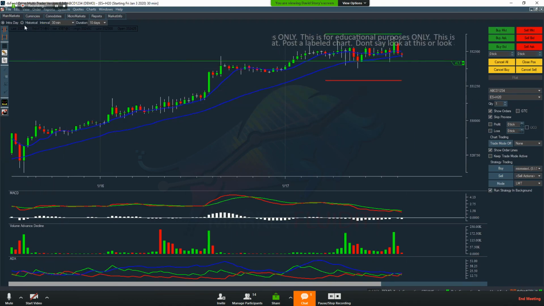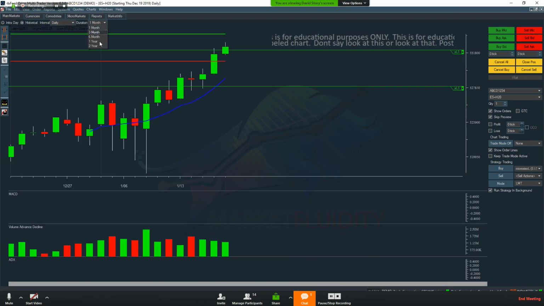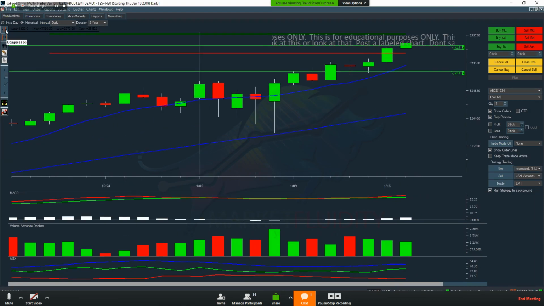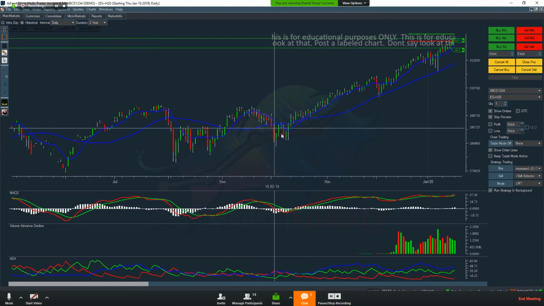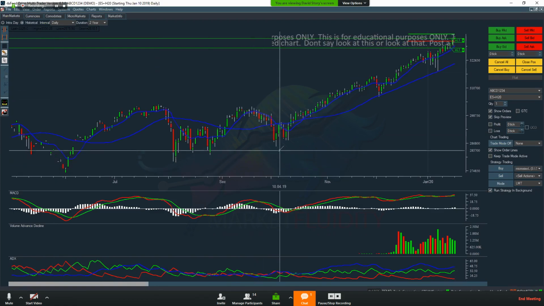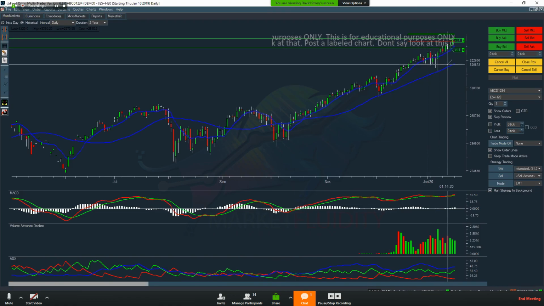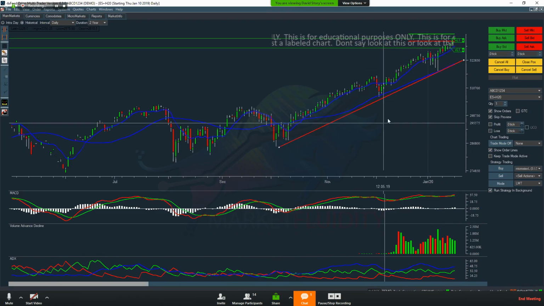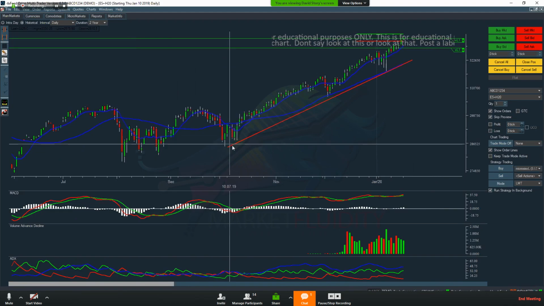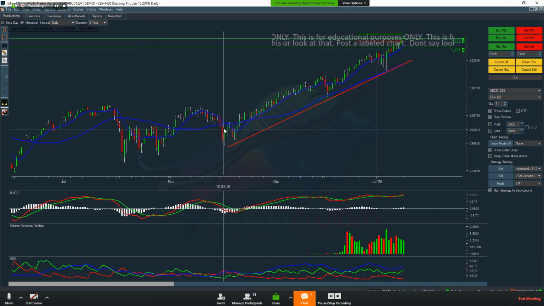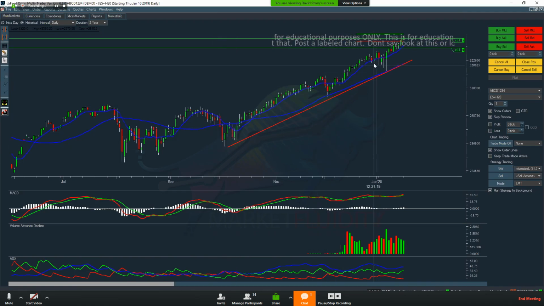And if we look at the daily chart, this is a daily chart on the S&P 500. If I draw a line, I can draw a line from here to about here, right? If you look at that, I have a higher high, you got a dip, a dip, a dip.